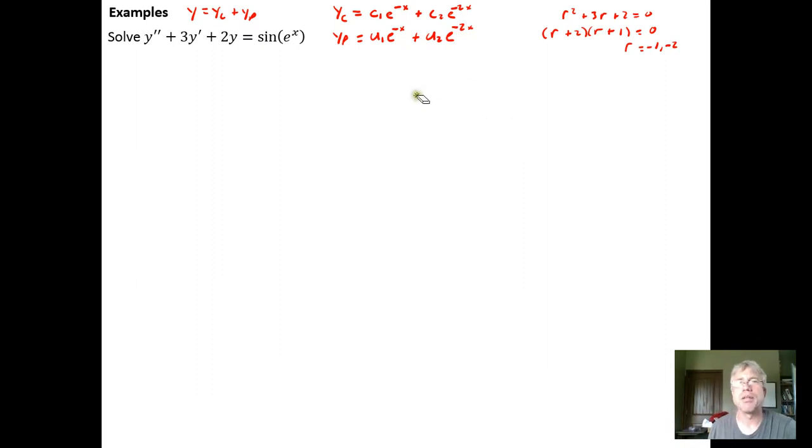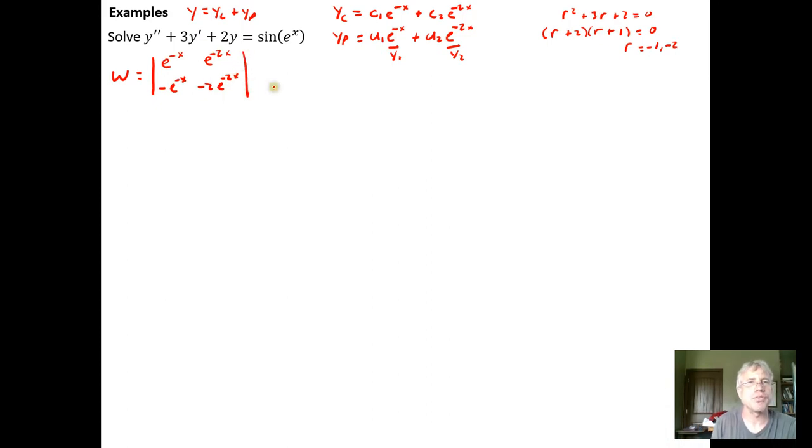So once we've done this step, we then calculate the Wronskian of the solutions y sub 1 and y sub 2. So the Wronskian of those two solutions is going to be: put the solution in and the derivative of the solution, put the second solution in and the derivative of the second solution.